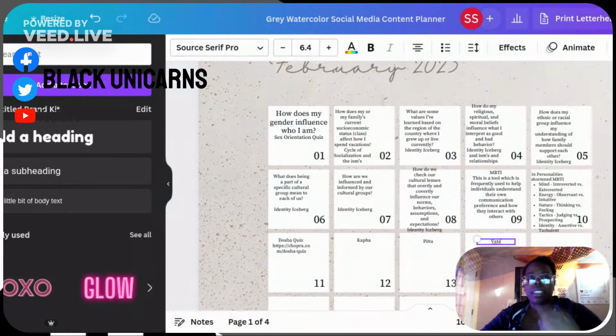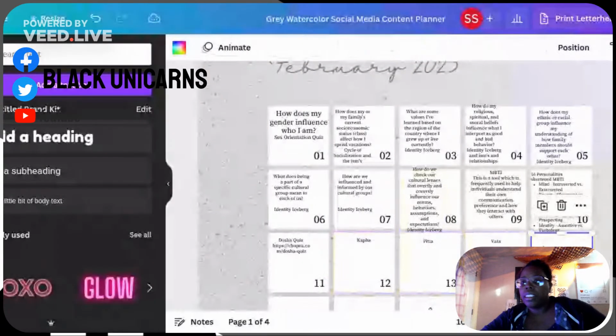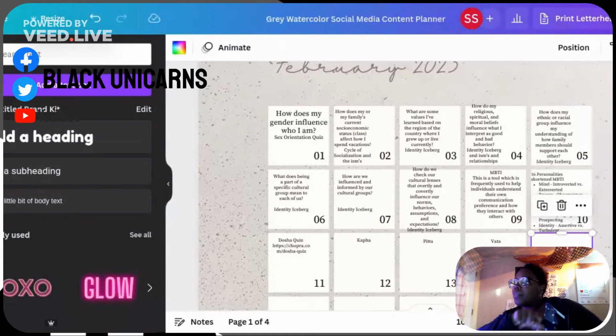I think that's how you spell it. Vata, pita, and kapha. Okay, cool. So vata, pita, and kapha, and that's it. So that's all about your body type.